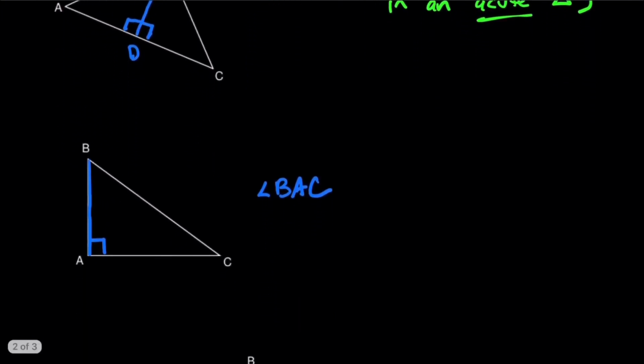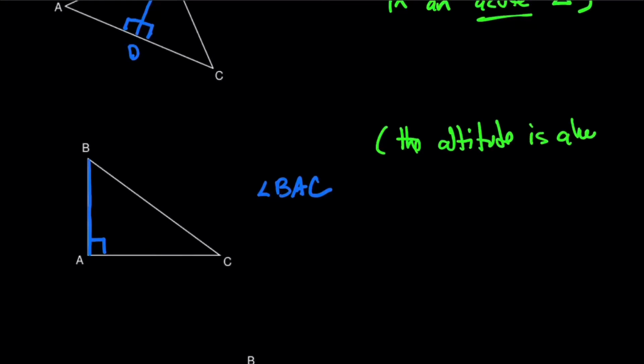Well, in a right triangle, the altitude is always on a right triangle. So if you notice here, I'm going to draw the altitude to this side. Well, that's on it.